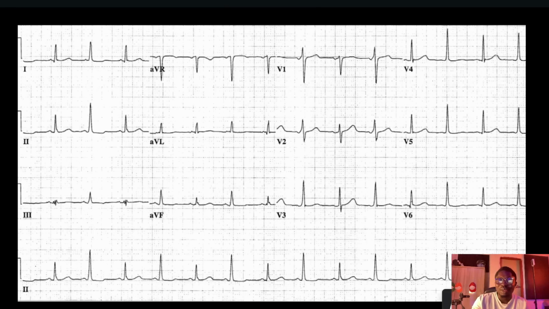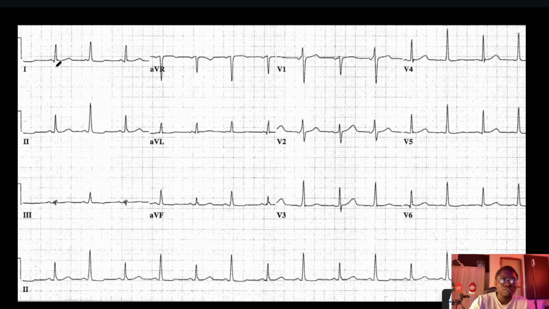So what are our findings so far? Sinus rhythm, regular, heart rate of about 85 beats per minute. What else could we look at? We could look at the cardiac axis.